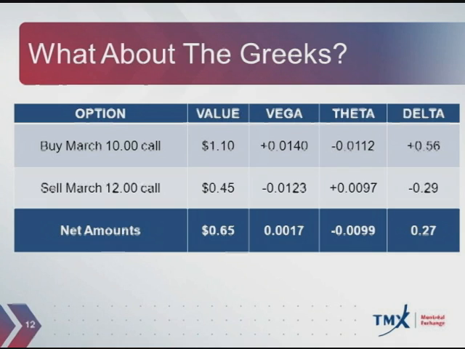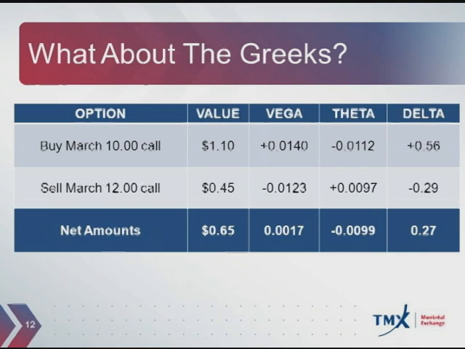Where I find a lot of folks misunderstand the strategy is the delta. The delta is a reflection of how much the option contract is going to appreciate in value when the stock goes up by $1. On the initiation of this trade, that March $10 strike call had a delta of 56 cents, basically 0.56, which means every time the stock goes up $1, the option contract would go up 56 cents.